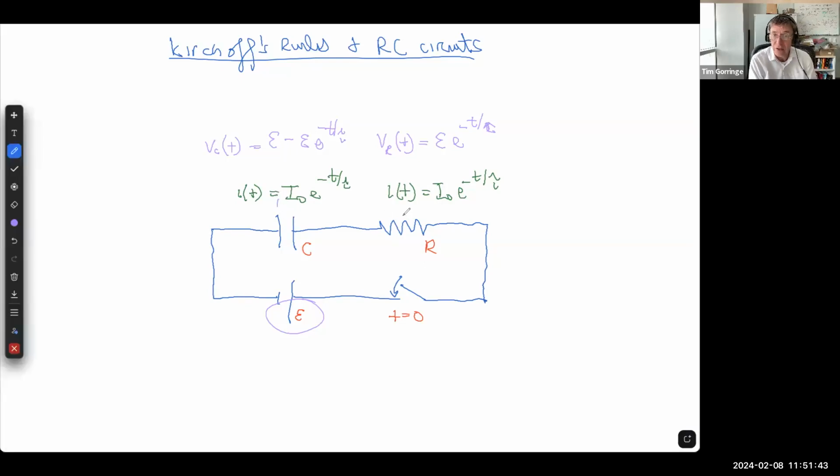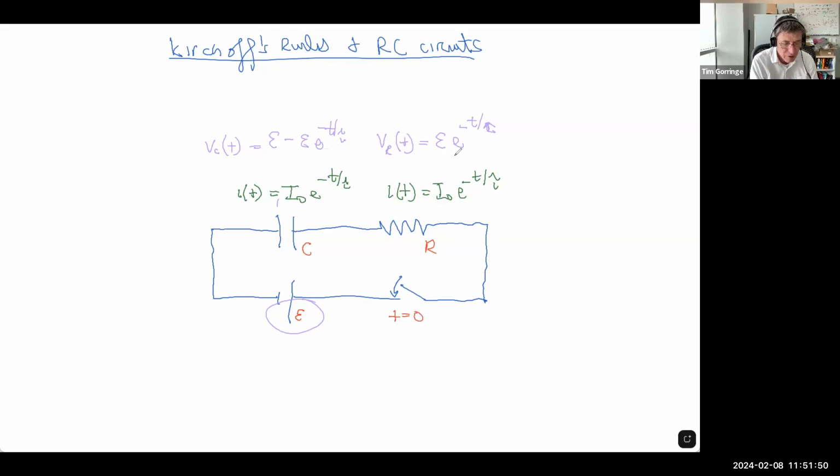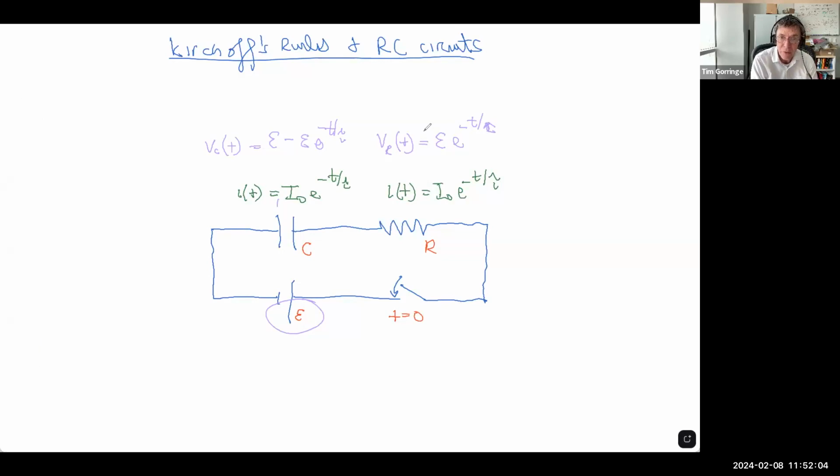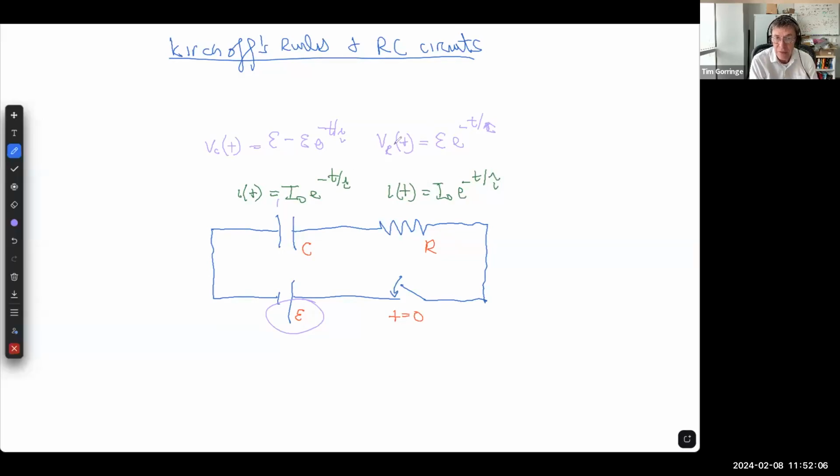If we waited a long time, on the other hand, at a time much greater than tau, the time constant of the circuit, then the exponential will be e to the minus large number on the right, and e to the minus large number on the left. E to the minus a large number is a very small number, close to 0. And so in that case, the voltage across the resistor goes to 0.